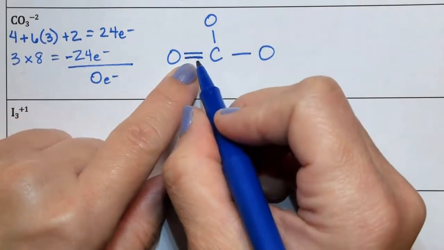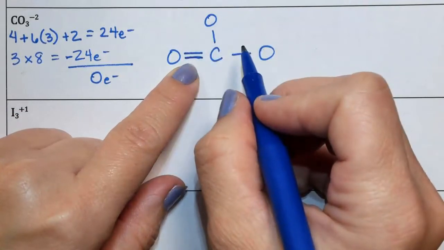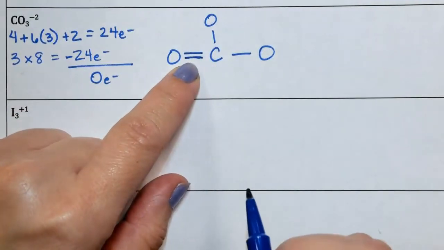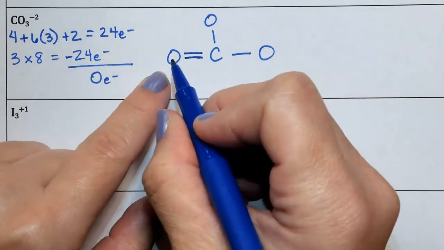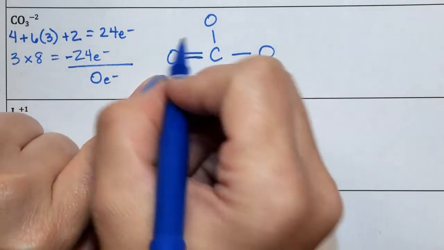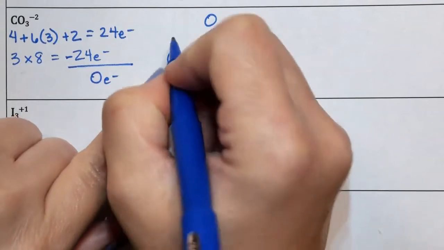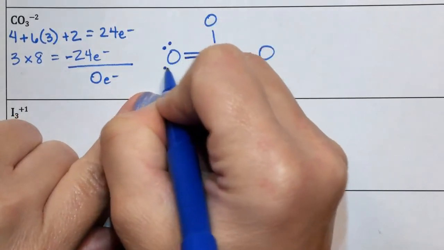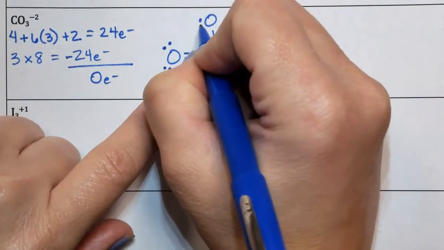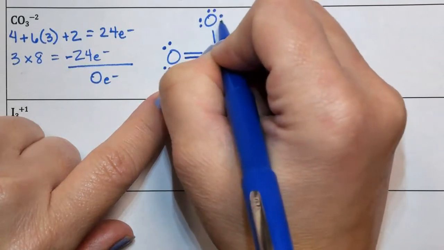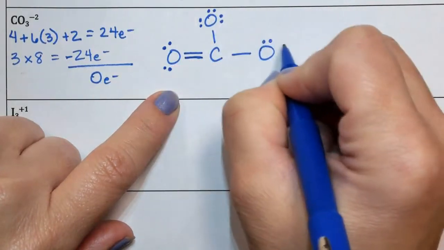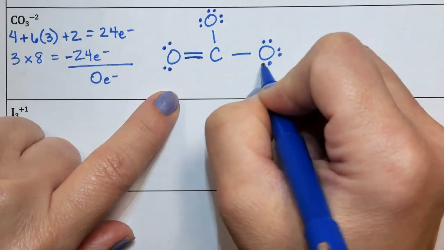It doesn't matter where you put the second bond because all 3 of these are oxygens, so any of these 3 spots would work. Now make sure each element on the side has an octet. Each oxygen has 2, 4, 6, 8.